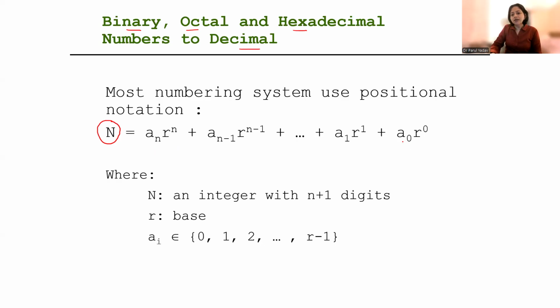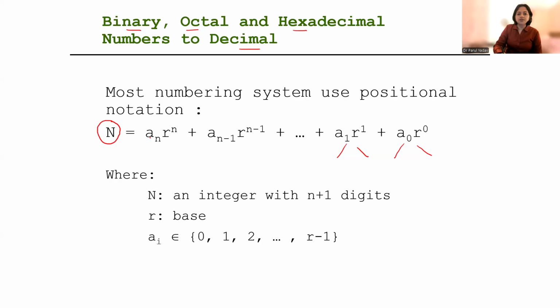So the idea is we'll take the face value and the place value of the number, and we will multiply both. And this we will do for every digit in the number, and then we will add it. This process will give you the number in the decimal number system, right?